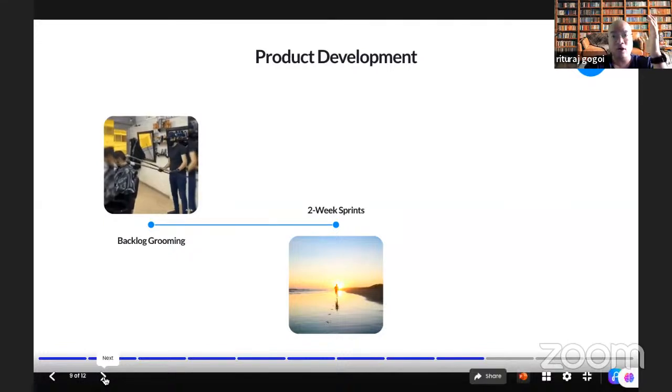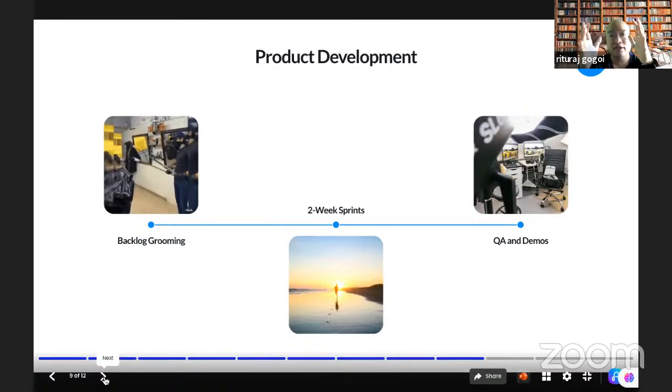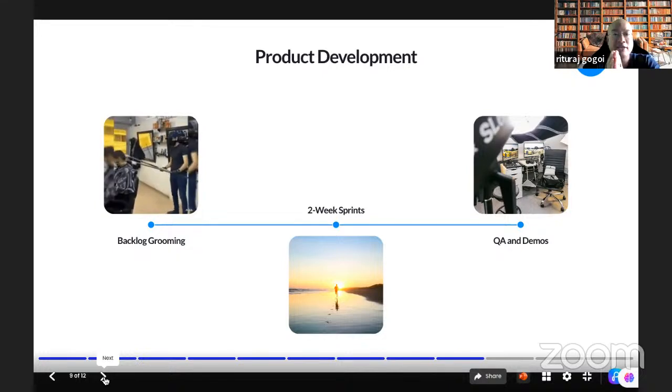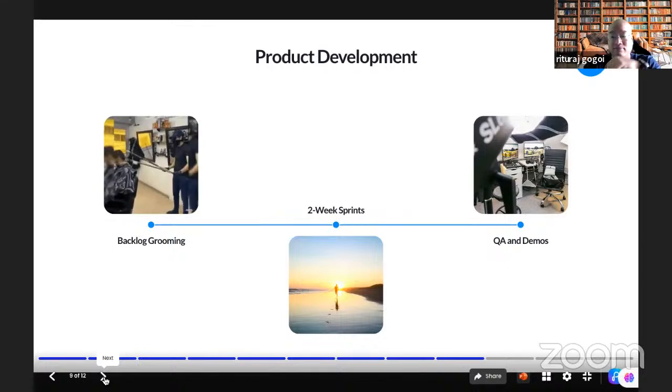For us, it was 2 weeks long, and in these 2 week long sprints, we built the solutions that we were proposing, and whatever was ready was QA'd by the QC team, and whatever could be demoed, whatever was a module in itself, the engineering team also gave us demos of this solution that they built, so that it was easier for us to also visualize the solutions that we were proposing.